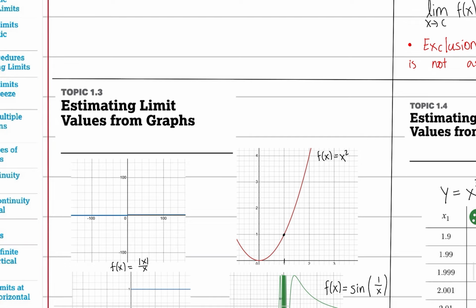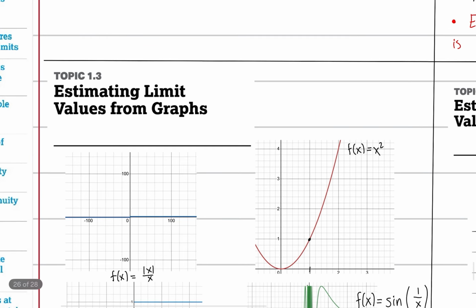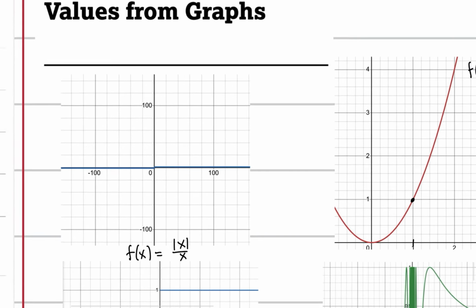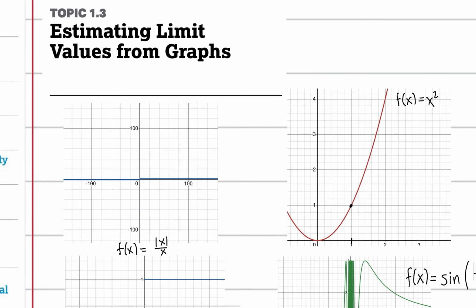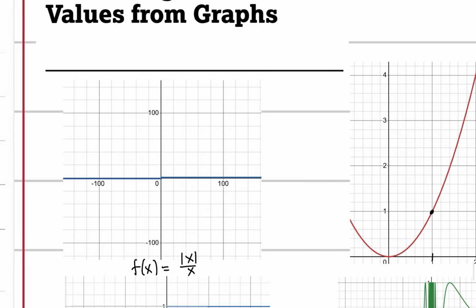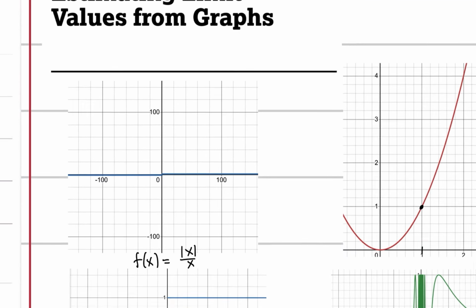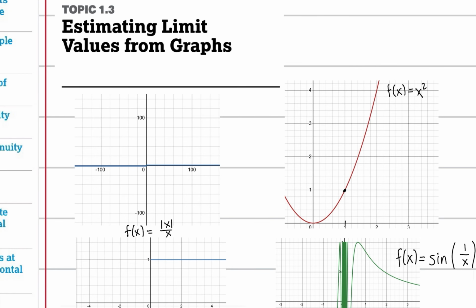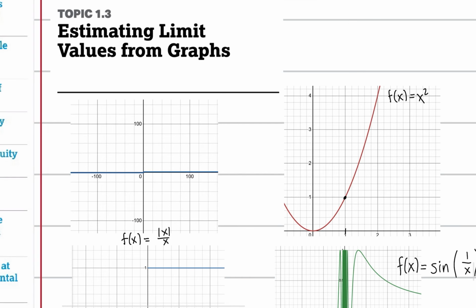Topic 1.3 starts with estimating limit values from graphs. One key thing to know is that we have to be careful with graphs, because if we don't pick an adequate window zoom, the graph can deceive us.